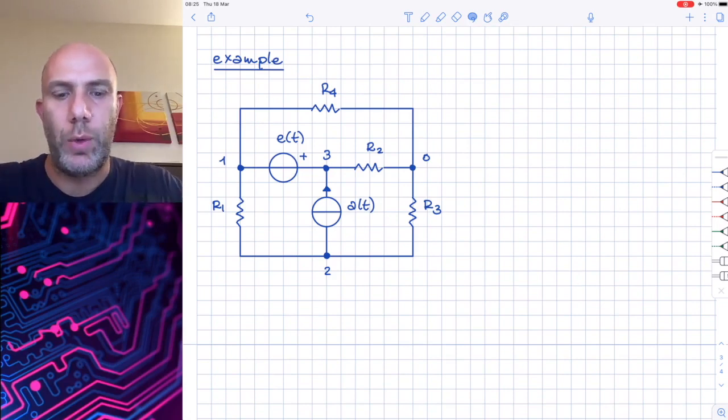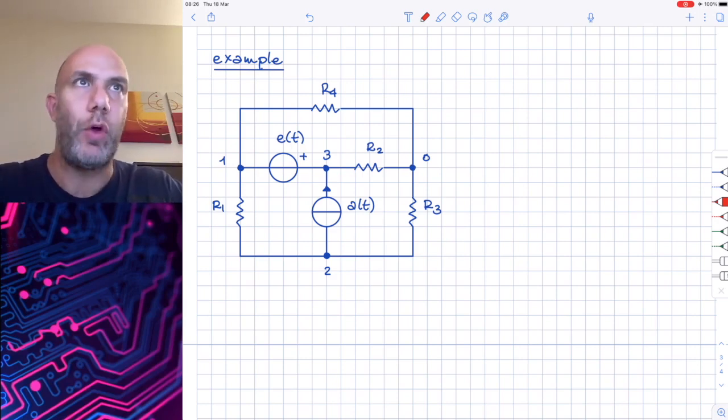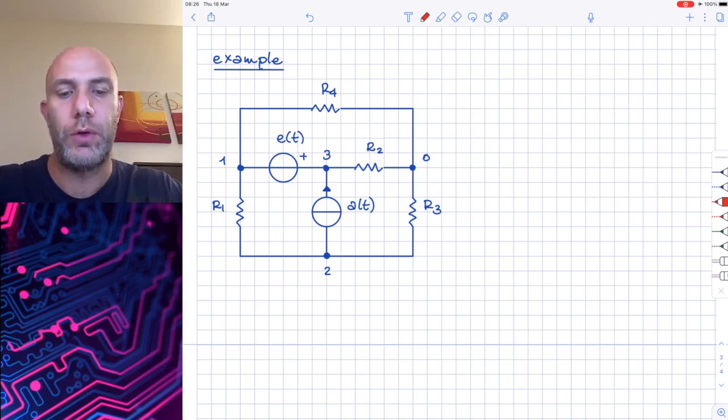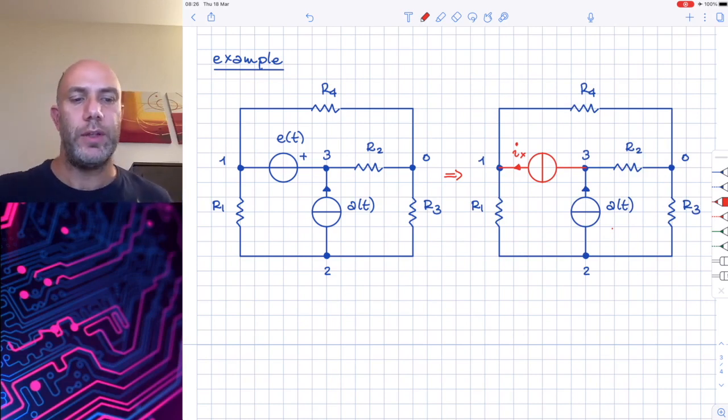Let's suppose that we have this circuit where three nodes are used to describe the circuit, and we have 6 elements. One of them is a voltage generator. Now, what we are doing is to transform the voltage generator into a current generator virtually with an unknown current. This is the circuit that we have after the transformation.